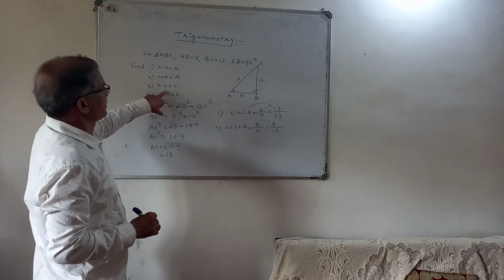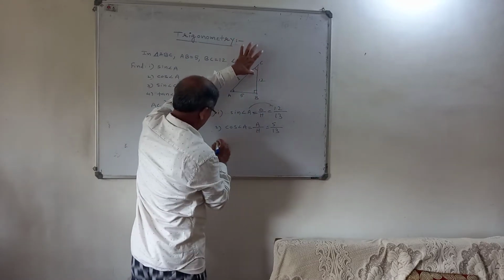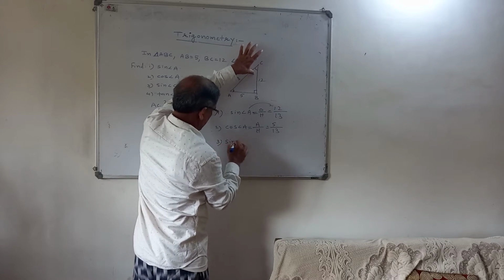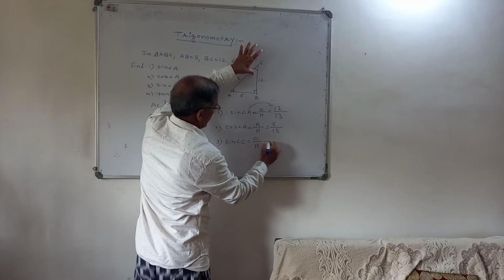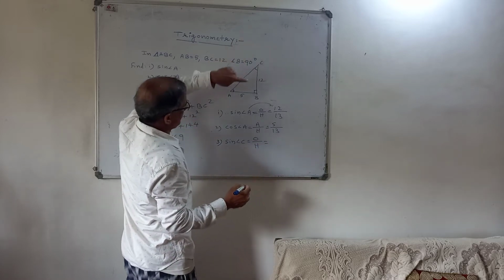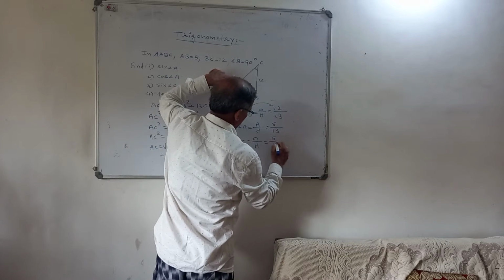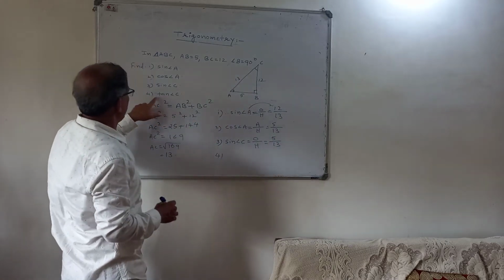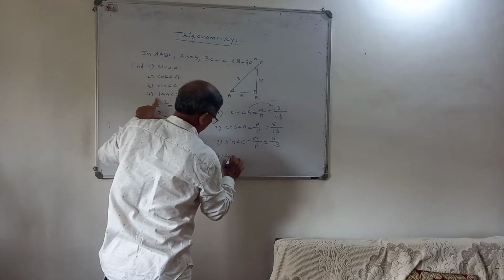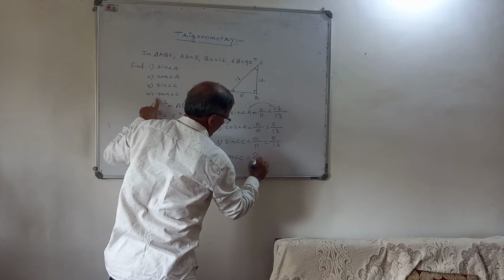Now sin angle C. Now this angle. For angle C, number 3, sin angle C means it is opposite upon hypotenuse. So for angle C which is opposite? 5 upon hypotenuse 13. So that is 5 by 13. And then for tan angle C, tan means it is opposite upon adjacent.